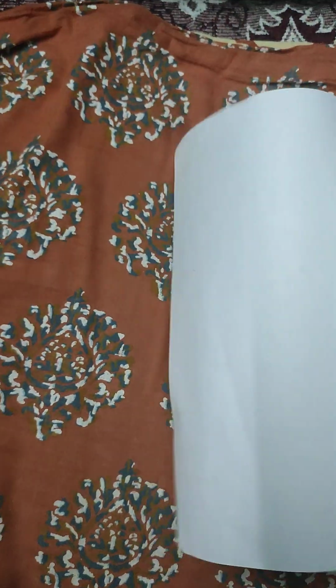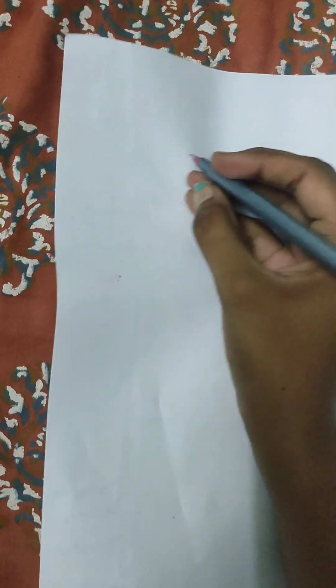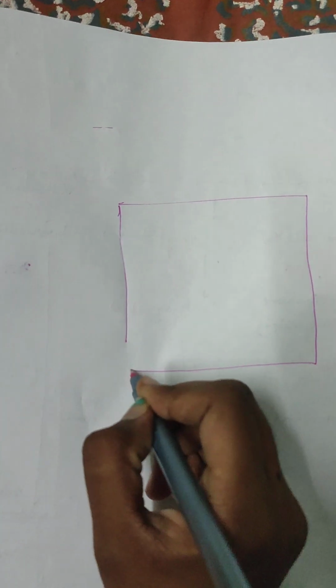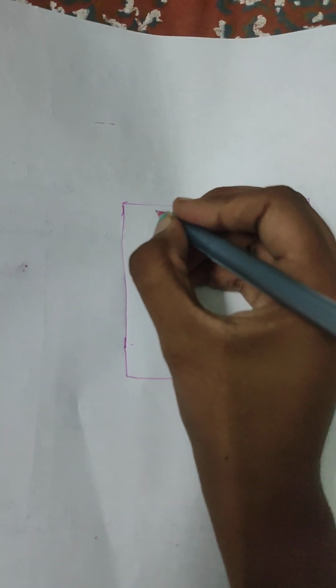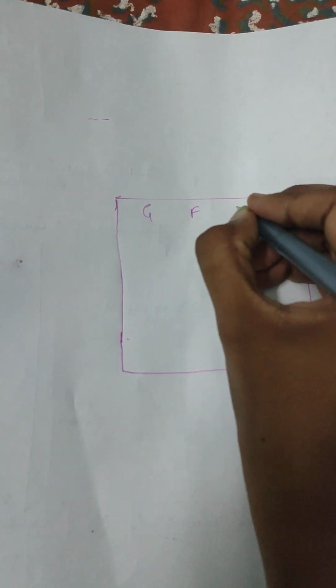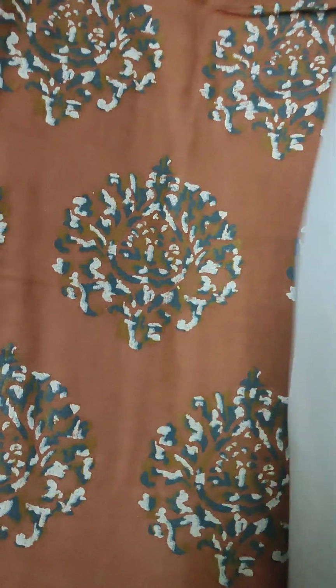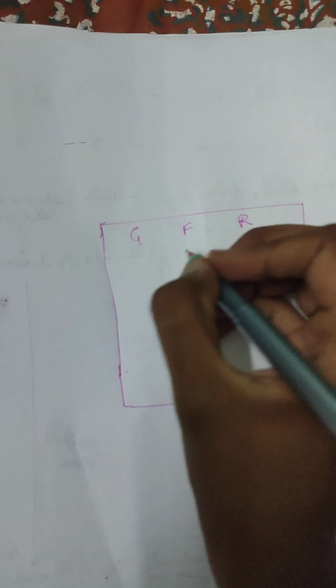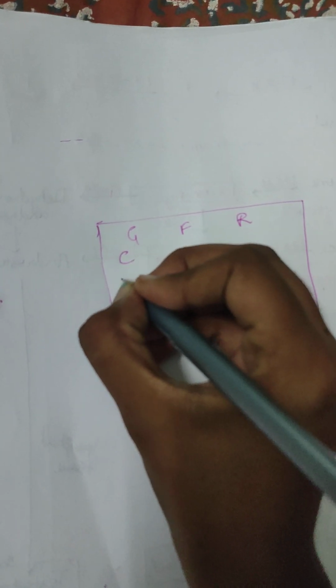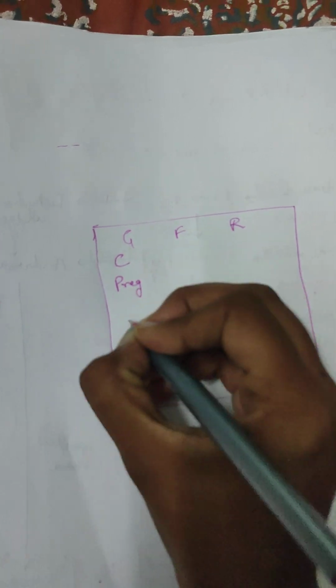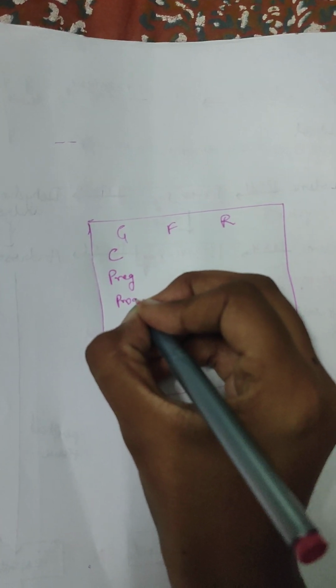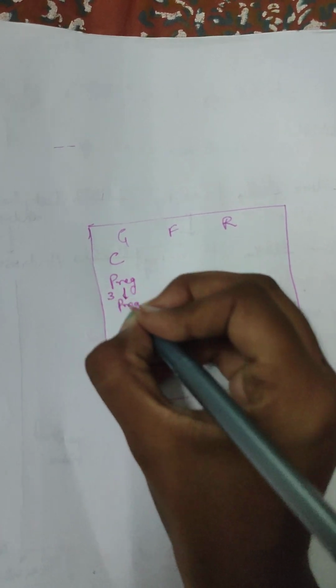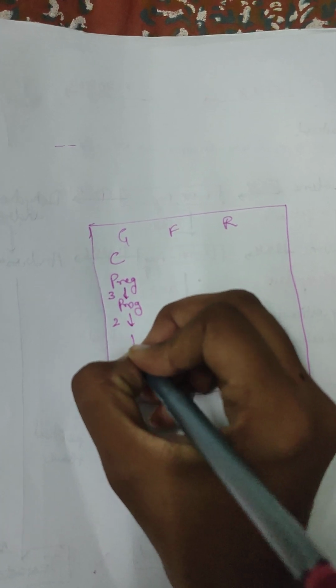Now what we are going to do is just summarize it, how you're going to write it in the exam. Okay, let's make a small box here. So write GFR. Write cholesterol, pregnenolone, progesterone. Here 3, 2, 1.